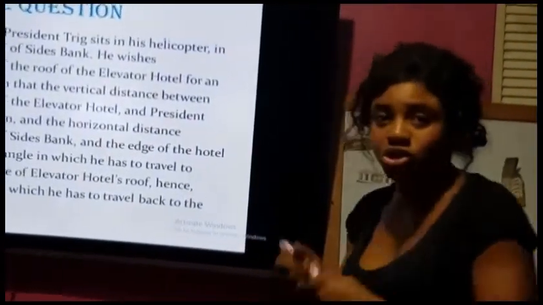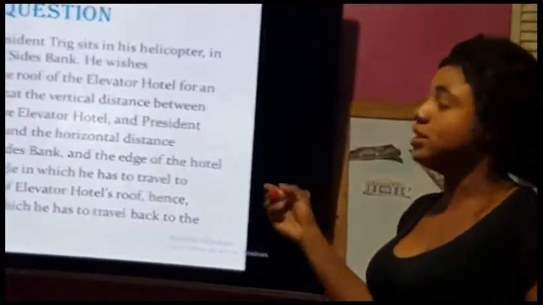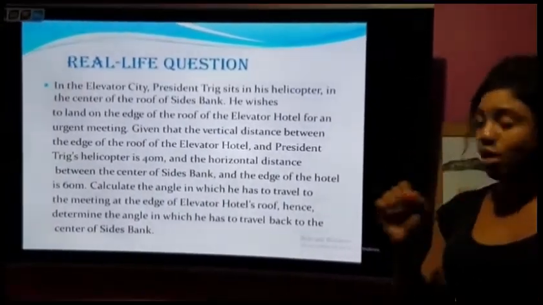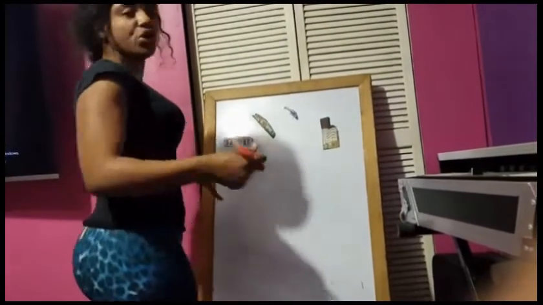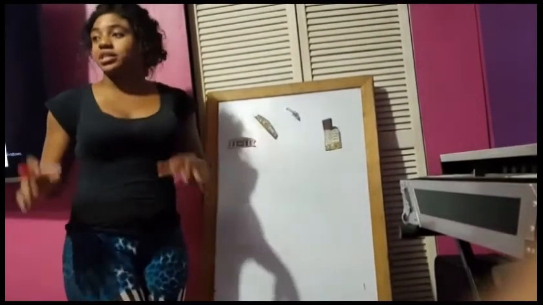Alright, so first we're going to find out what the question is asking us, doing a quick draft of what the question is saying. We're going to sketch what the real life example is asking of us, also using the elevator city manipulatives.